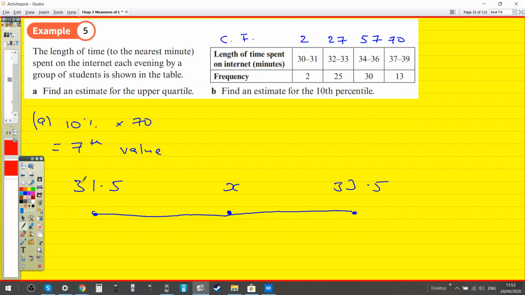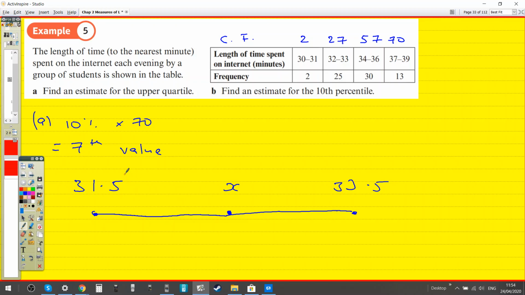Which person is 31.5? We can't know for certain, but if we were estimating, these first two people, first group, which person would have spent 31.5 minutes out of the 70 kids?